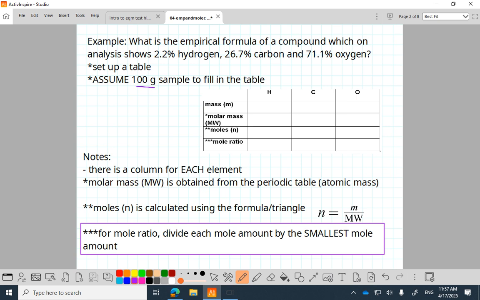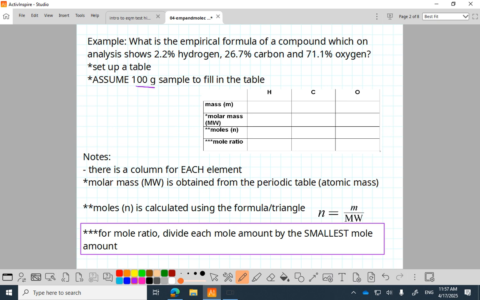So using 100 grams is an easy way to figure this empirical formula out, because no matter where we are in the world, no matter what kind of sample we have, whatever this compound looks like will always be 2.2% hydrogen to 26.7% carbon to 71.1% oxygen.